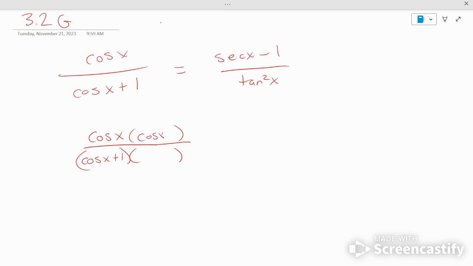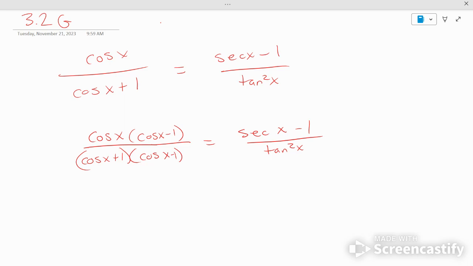Cosine of x minus 1. So I'll multiply the top and bottom by cosine of x minus 1. See how all of a sudden a subtraction problem is created in the numerator. We now have the subtraction in the numerator. That's what we want.